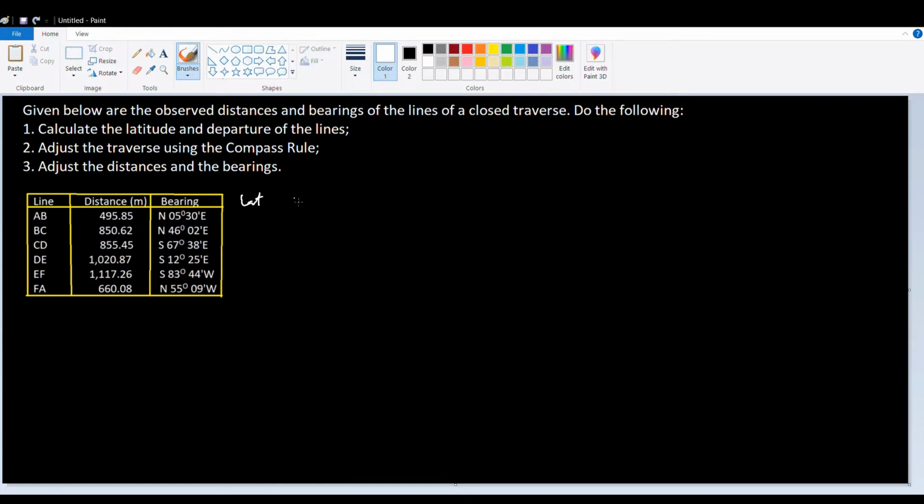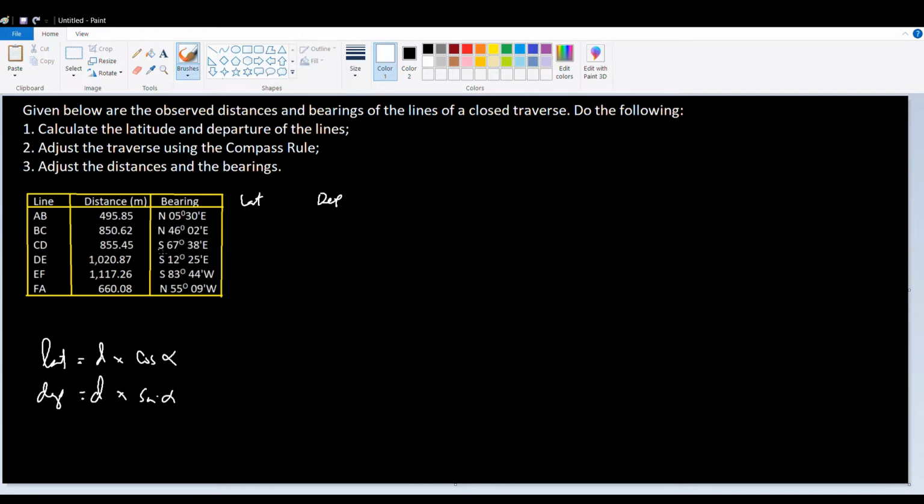Again, what is our formula for the latitude? The latitude is equal to the distance times cosine of the angle, and the departure is equal to the distance multiplied by sine of the bearing or the azimuth.